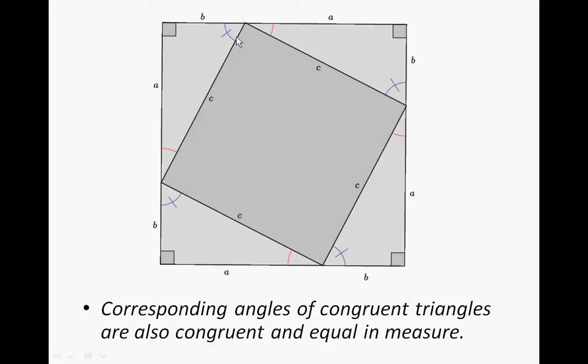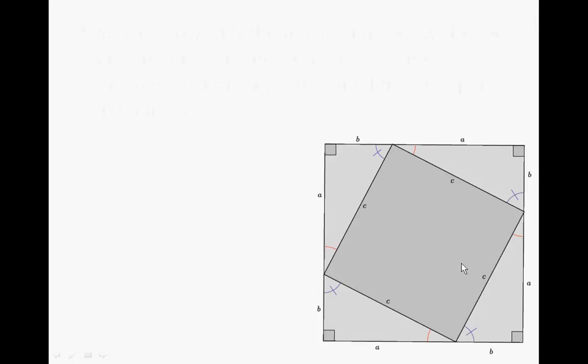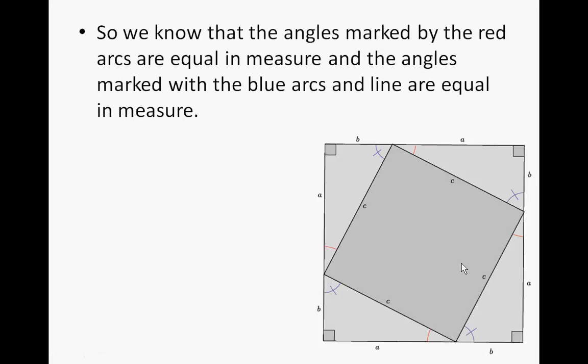So we have the blue angles correspond with each of these, and the red angles correspond and are congruent with each of these. So we know that the angles marked by red arcs are equal in measure, and the angles marked by the blue arcs in a line are also equal in measure.